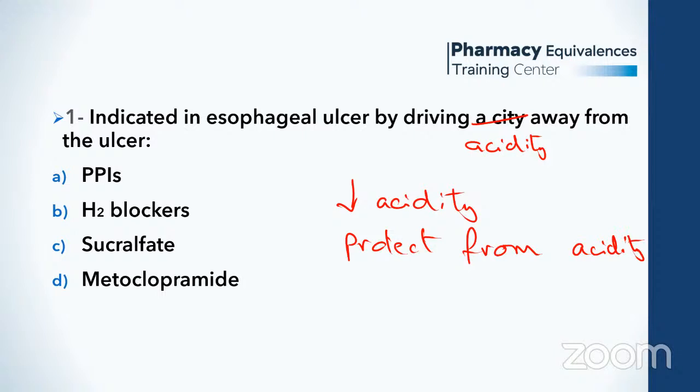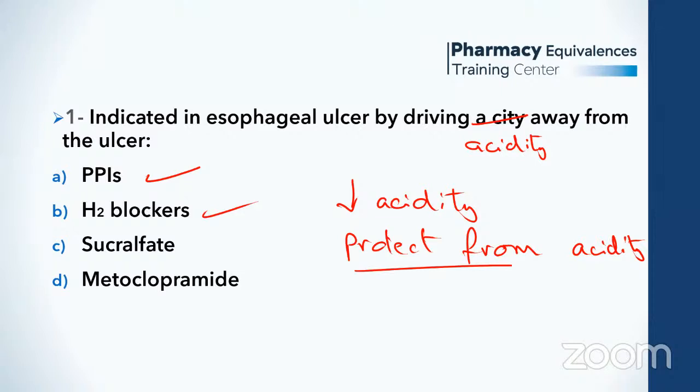Decreasing acidity, we can use any product that decreases the acidity, like PPIs, like H2 blockers, like antacids. But the question asks how can we drive the acidity away from the ulcer, so it means how can you protect from acidity?